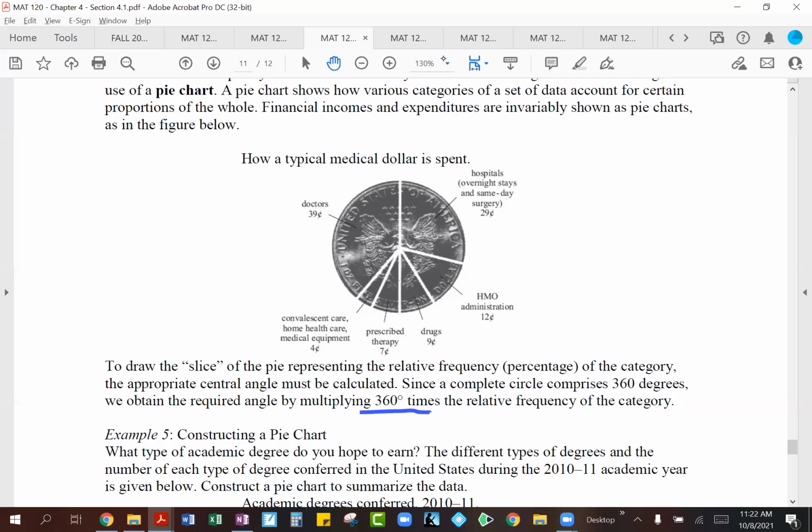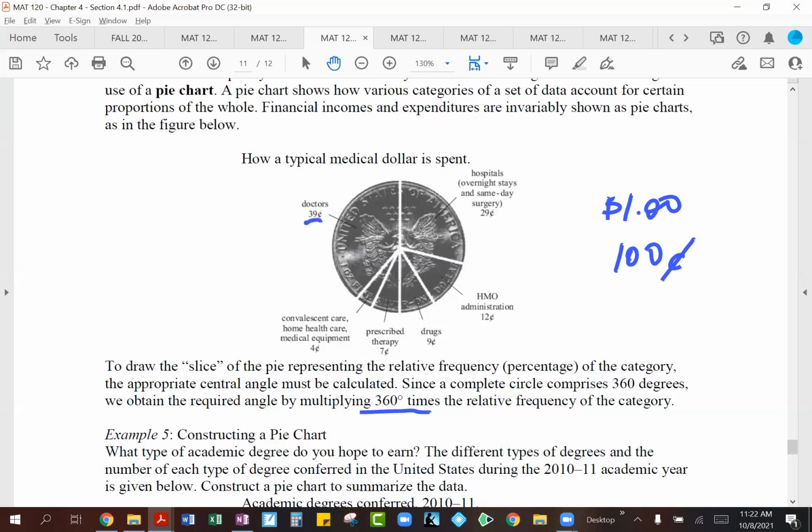So this graph that you're seeing is talking about how a typical medical dollar is spent. The biggest chunk of this pie chart: if you're taking $1, that is the same as 100 cents, so we're taking those 100 cents and breaking them down.